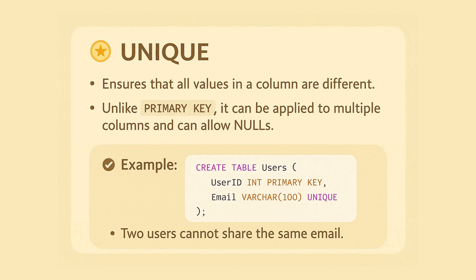Okay, so how to introduce this unique constraint using SQL statement? We can write it like this. For example, here we have email for users, which is varchar length 100, and this is unique. So it should be unique, but it is not mandatory.